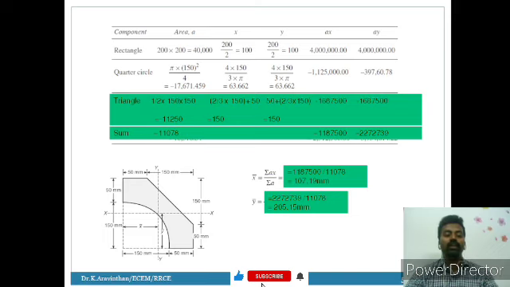Right now let us make this into well-known mathematical shapes, the first one being a square. First we will find the area and the x distance and y distance from the origin, and we will multiply area into x to get Ax, and area into y to get Ay.